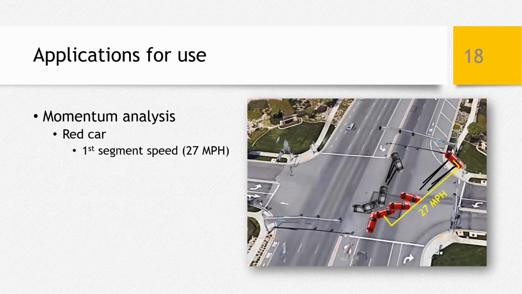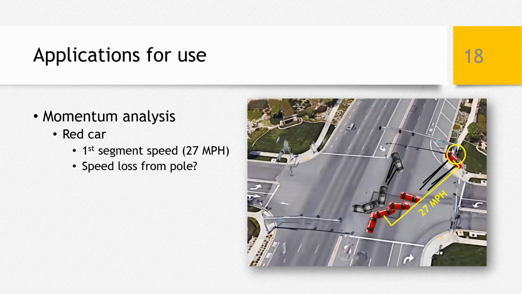Well, for the red car, determining the speed in this first segment is relatively easy. Again, it's sliding across pavement, and you can use your basic speed from skid formulas to determine in that segment the speed of the red car, and in our example here determined to be 27 miles per hour. But how do you account for the speed loss from the side impact into the pole?